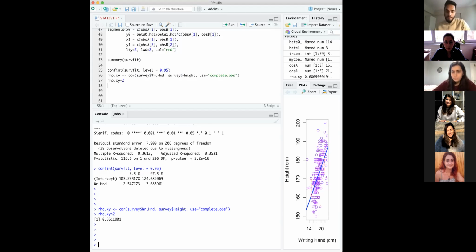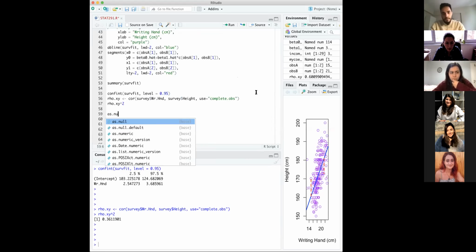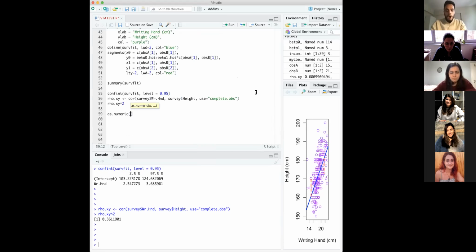Yes. So let's say you want to determine the mean height for students with a hand span of, let's say, 14.5 centimeters. Let me write what I am saying. So I want to find the value of beta 0 hat plus beta 1 hat times, let's say, 14.5. It's up to you guys.